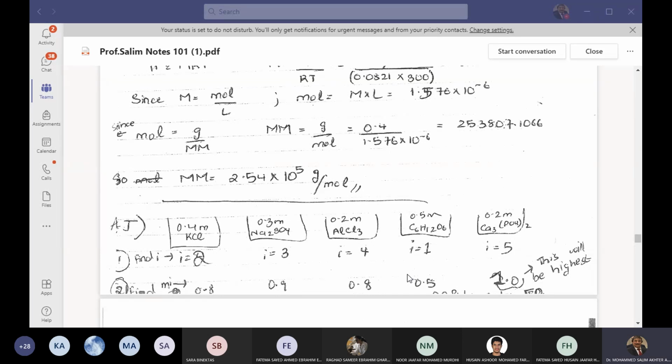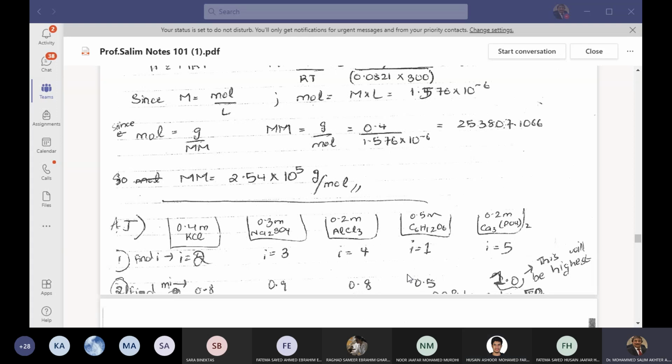So the mole fraction of solute, X2, will be equal to moles of solute divided by moles of solute plus moles of solvent. If I know the grams of solvent, I can get N1 and X1. If I know X2 and I know N1, can I get N2?